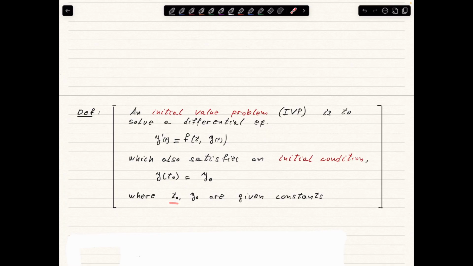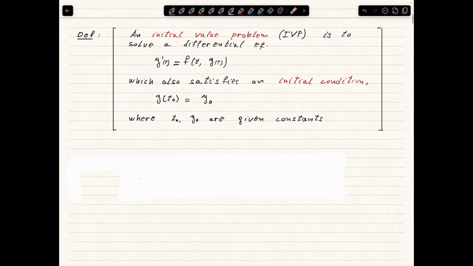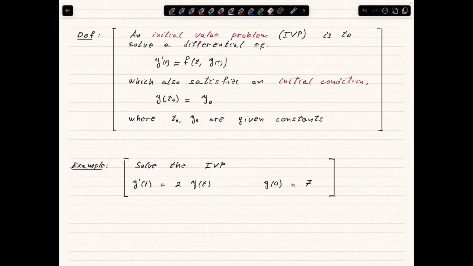Here, t0 and y0 are given constants. So, from all the solutions of the differential equation, we are interested in finding the solution that satisfies this extra condition.